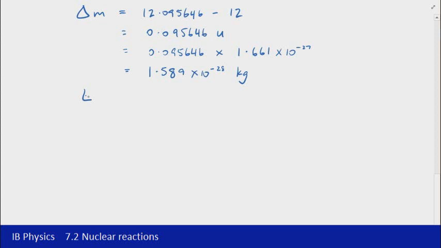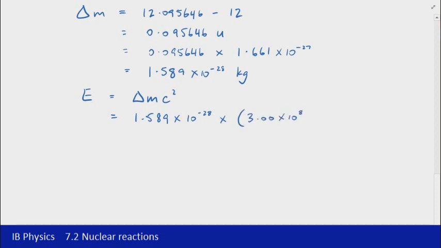However, when we look at the binding energy, we're going to now multiply that change in mass, or that mass defect, by the speed of light squared. So we have 1.589 multiplied by 10 to the negative 28, and we're going to multiply that by the speed of light, which is 3.00 by 10 to the 8.